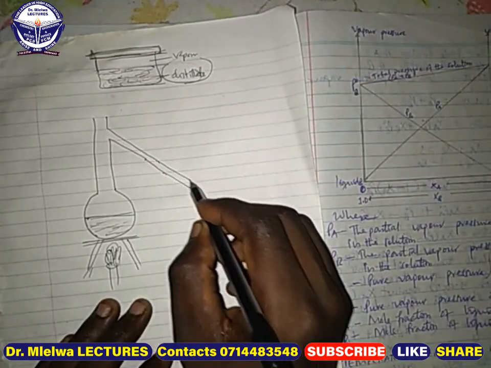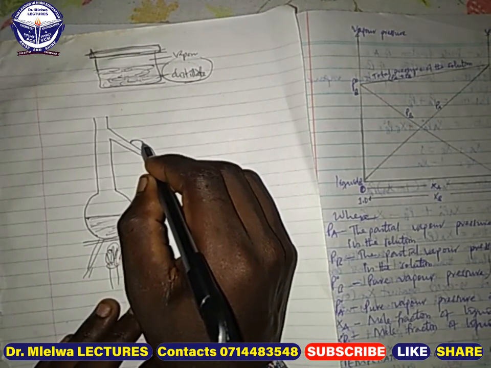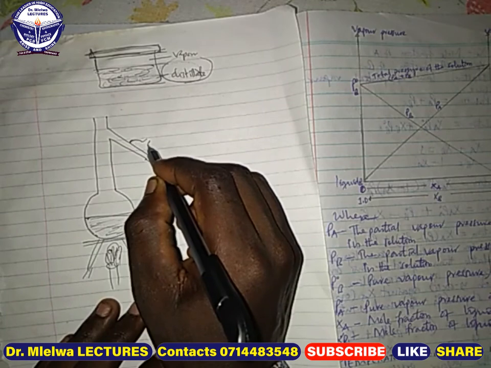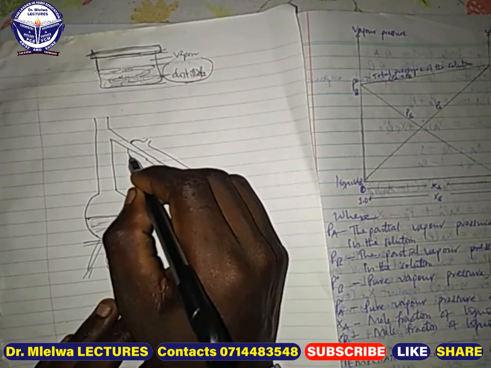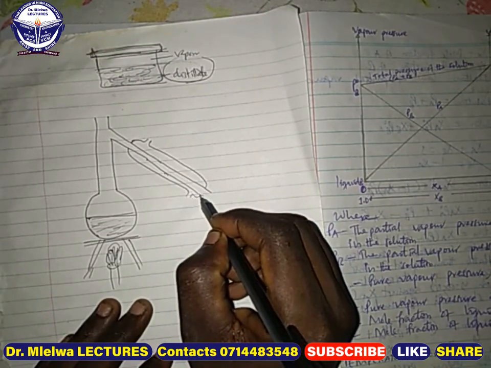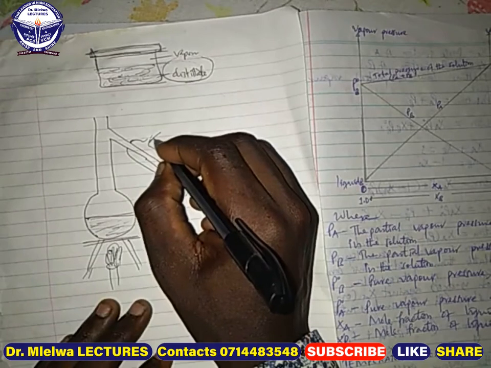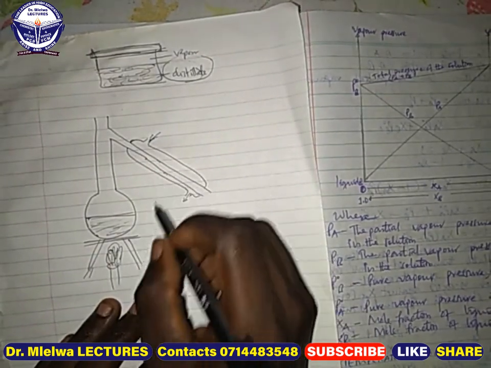Here we'll have just like a cork. We'll have a water inlet, and then downward here we'll have a water outlet. And this water is very important for cooling the vapor.